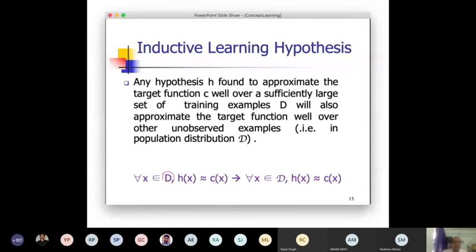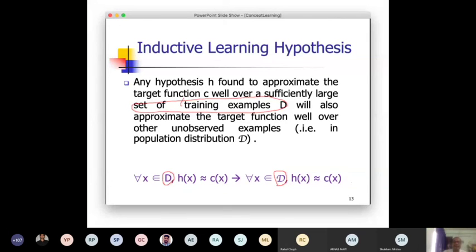You consider this is one symbol, a D, and this is a little stylish D. This D represents the set of training examples.